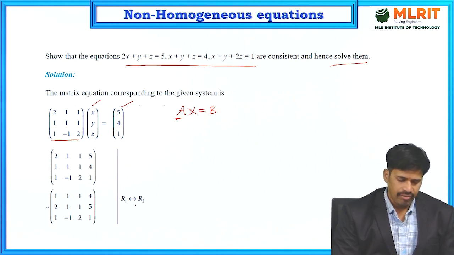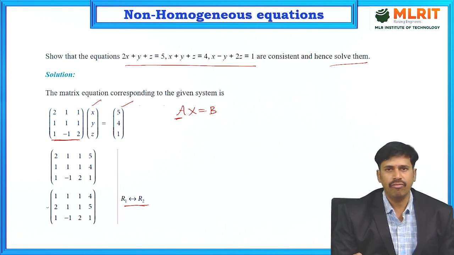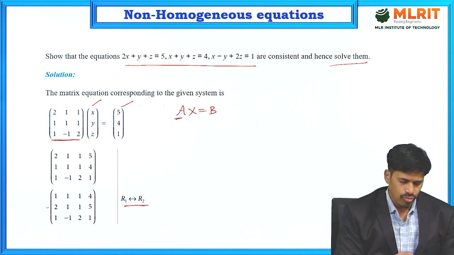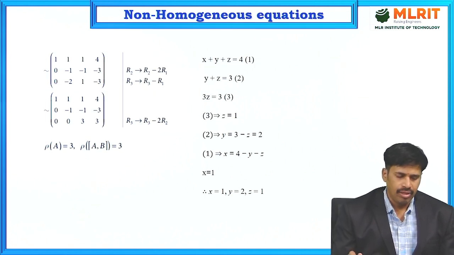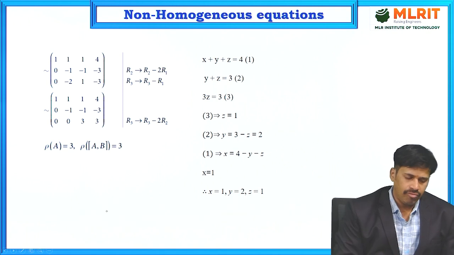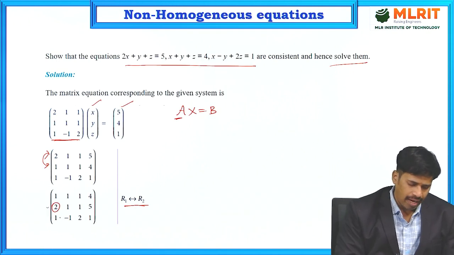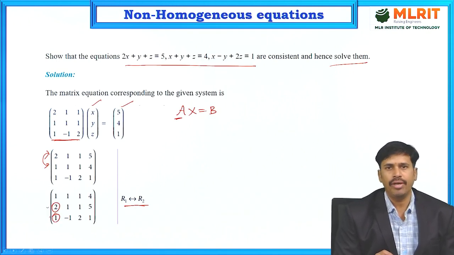For that, first of all, I am interchanging R1 and R2. So the second row is swapped with the first row. So I will get 1, 1, 1, 4, 2, 1, 1, 5, 1, minus 1, 2, 1. Next, I have to make this element 0 and this element 0 to reduce into echelon form.